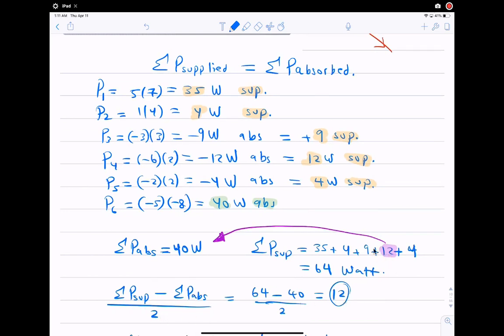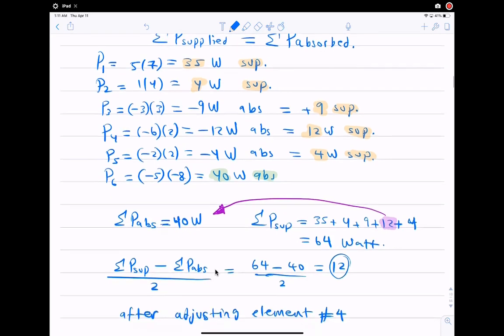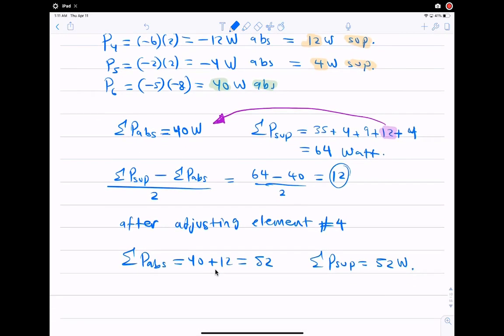If I move a 12 from the right side to the left side, this would become 40 plus 12, which is 52, right? And subtract 12 from here. 64 minus 12 is 52. So here I'm happy now, and the total power supplied and absorbed are equal. So I made this circuit real.